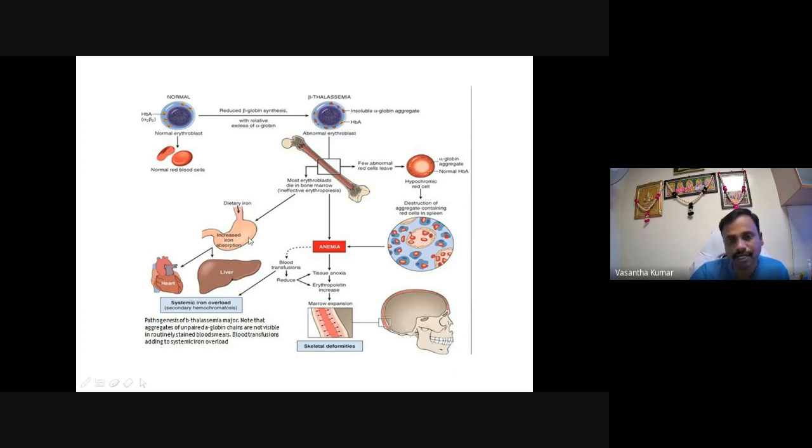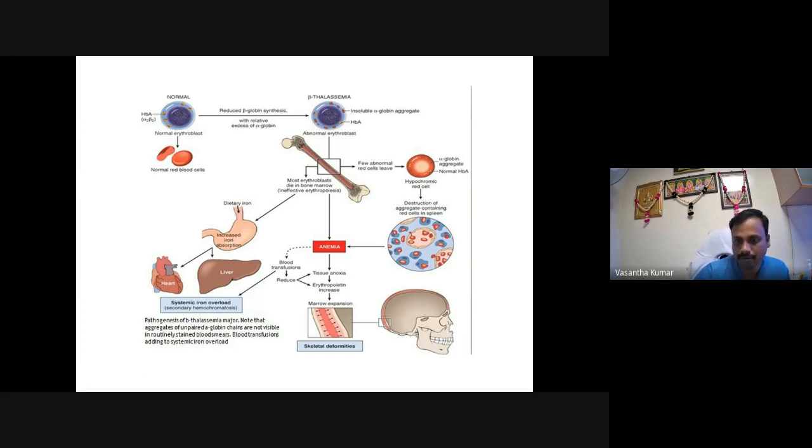And because of defective globin synthesis, when the RBC count is low, the body will try to produce excess RBCs from the bone marrow.